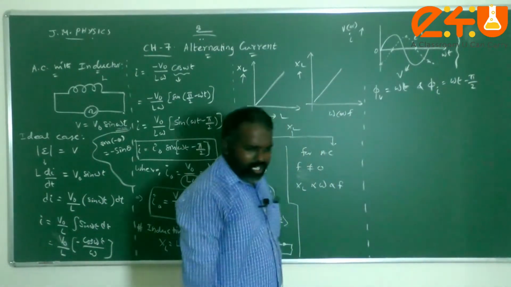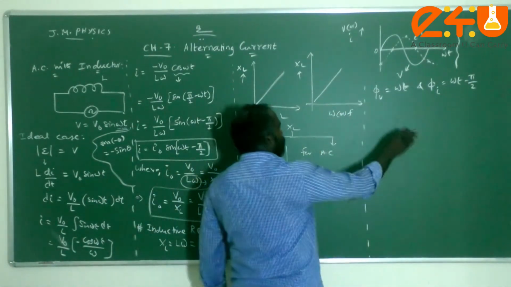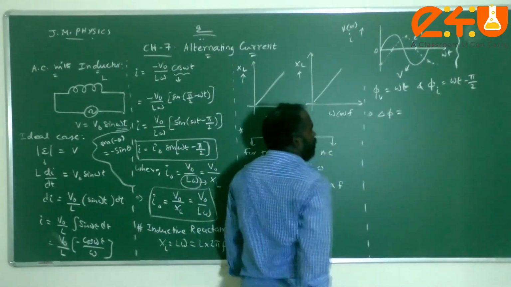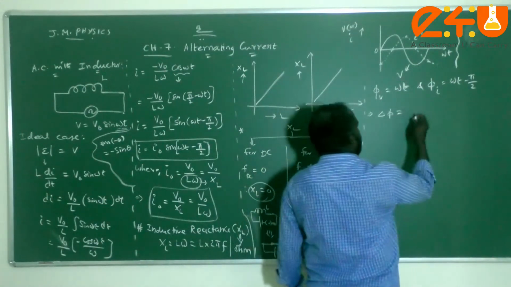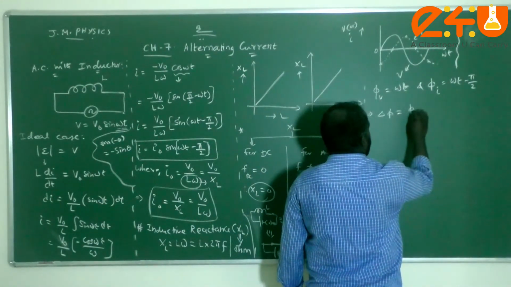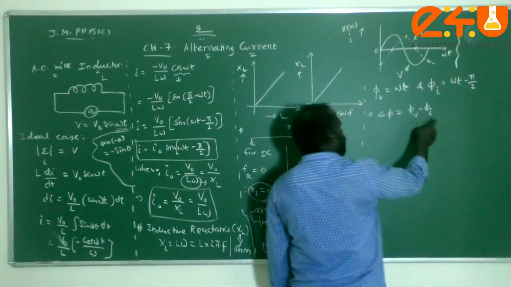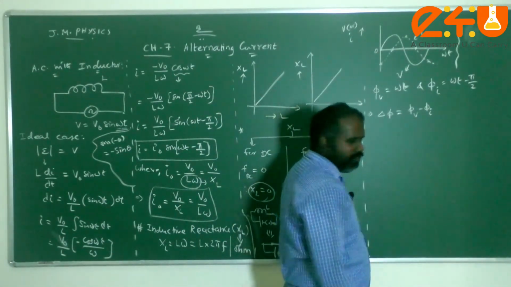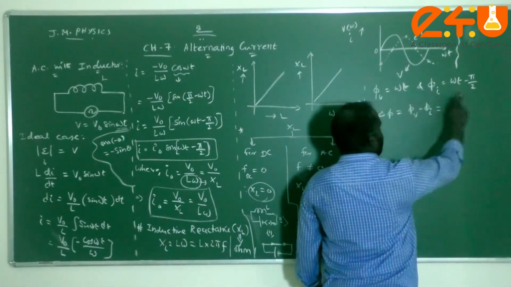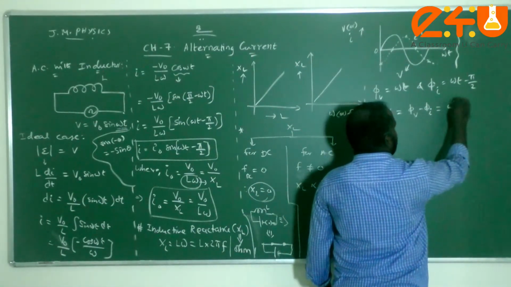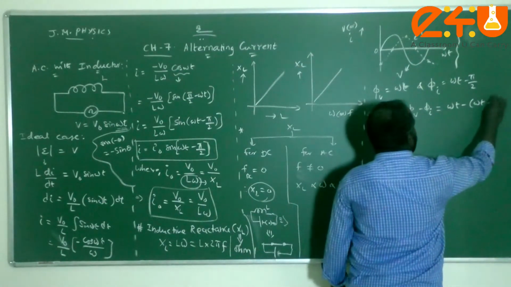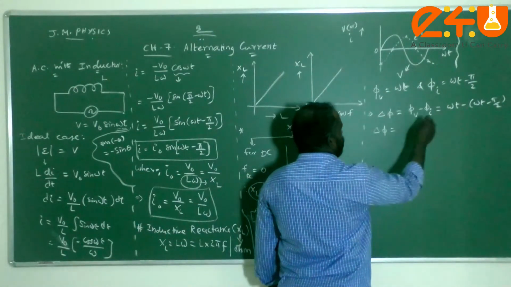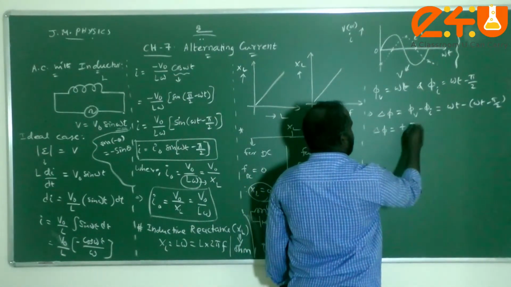Therefore, delta phi means phi v minus phi i. That is our wish, either you can subtract from the voltage phase or the current phase. When you subtract, omega t gets cancelled out, and minus minus becomes plus, so delta phi is equal to plus pi by 2.